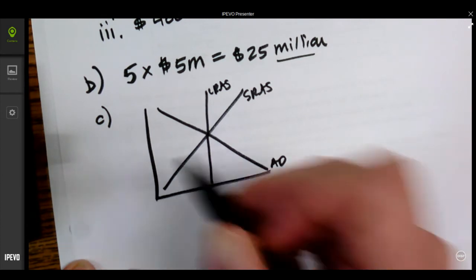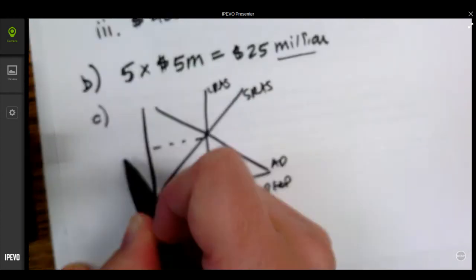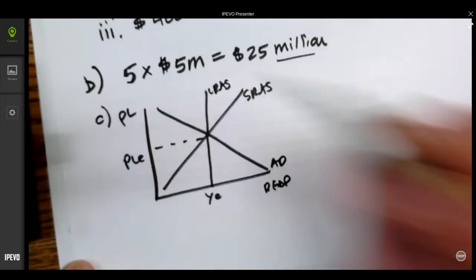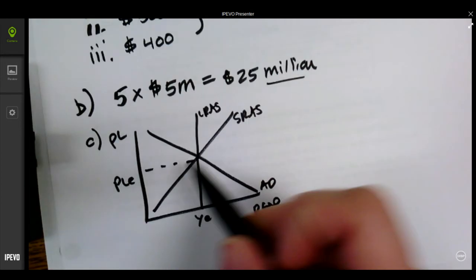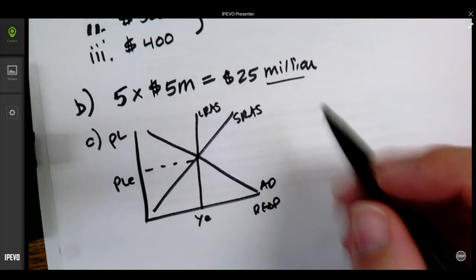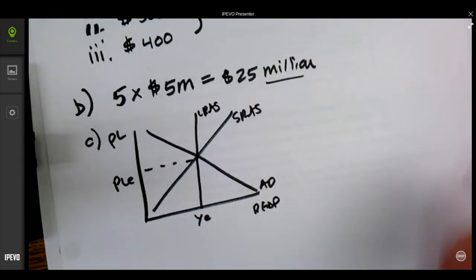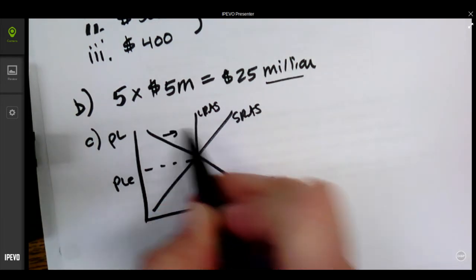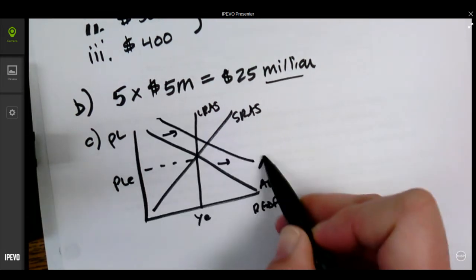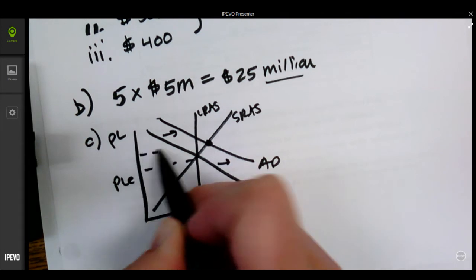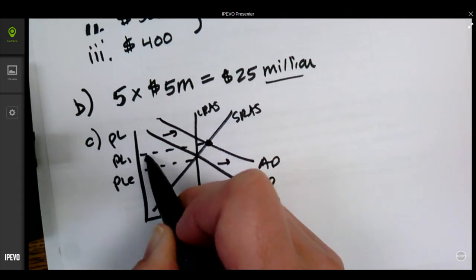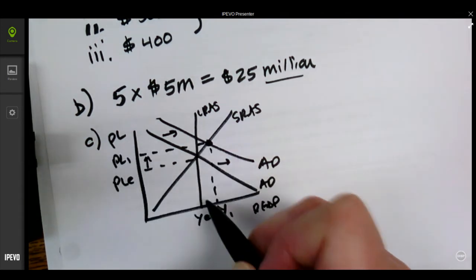So I'm just going to do a fully employed economy because that's efficient and fast. If the money supply is larger, then aggregate demand is going to increase because households and businesses have more money. So I'm going to shift the aggregate demand line to the right, and I'm going to notice that price level is going to go up and real GDP grew.